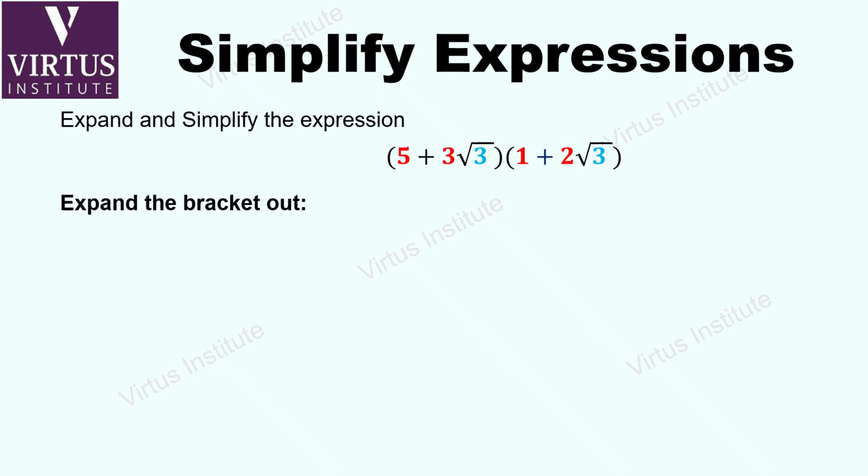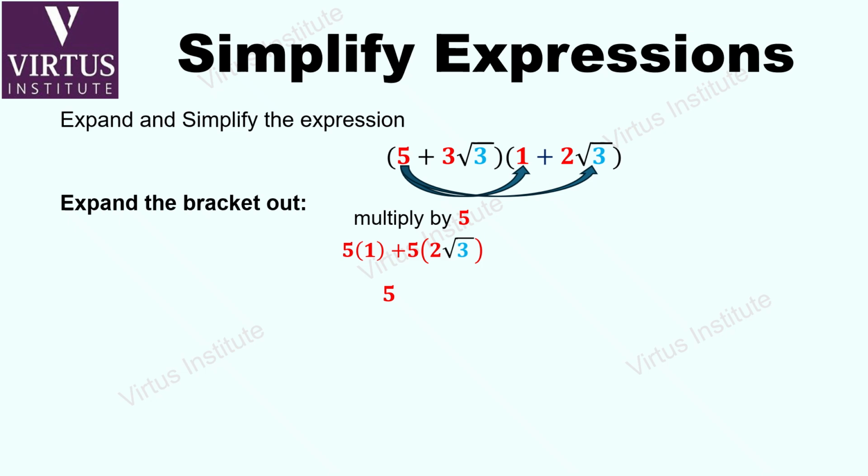Start by multiplying 5 by both terms in the second bracket. 5 multiplied by 1 becomes 5, and 5 multiplied by 2 square root 3 becomes plus 10 root 3.